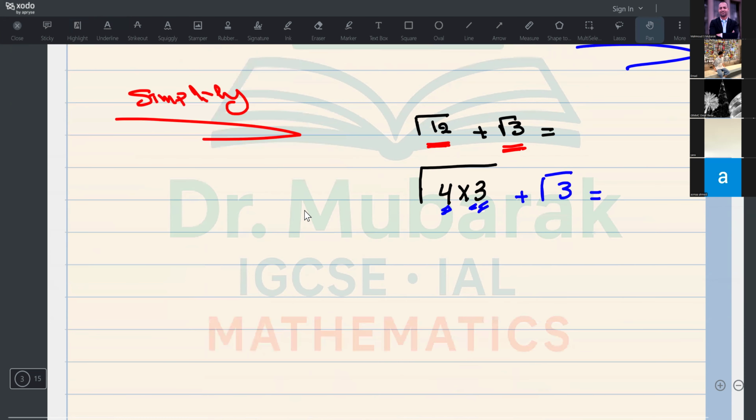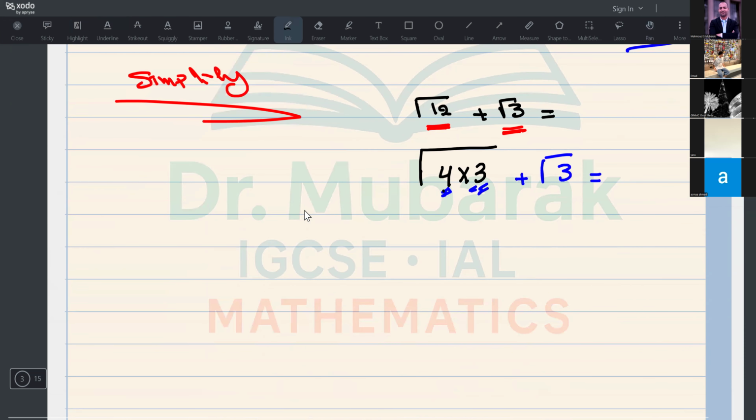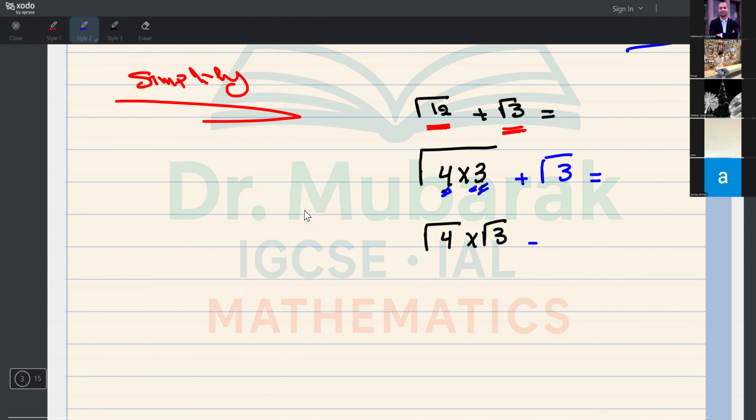Yes, excellent. Root 4 times 3 we can write like root 4 multiplied by root 3, plus root 3, and then root 4 is 2. 2 times root 3 is 2 root 3 plus root 3.